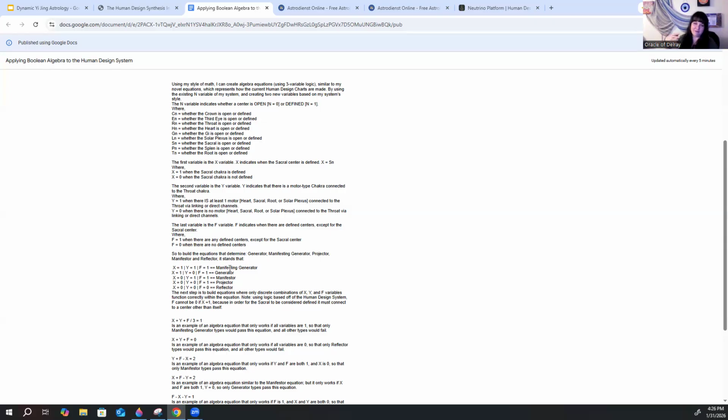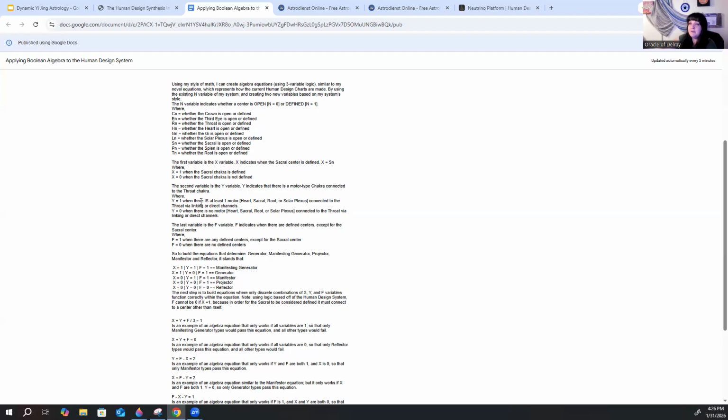It takes another center in order to define it. So their Fs will automatically equal 1. The only type that will not get an F of 1 is a reflector. So the F kind of screens for the reflector types.